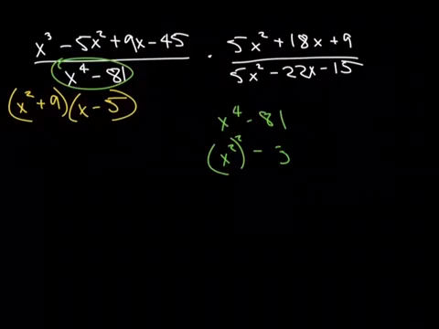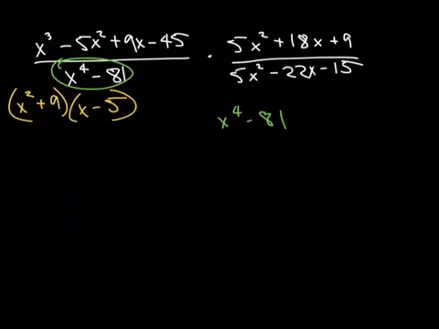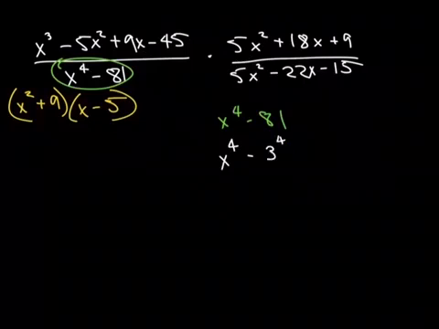Well, before I do that, I'm skipping a step. Let's write it as x to the fourth minus 3 to the fourth, because 3 times 3 times 3 times 3 is 81. And then we'll write it as x squared squared minus 3 squared. In fact, let's not put the parentheses. Alright, so 2 times 2 is 4, so x to the fourth is the same as x squared squared.